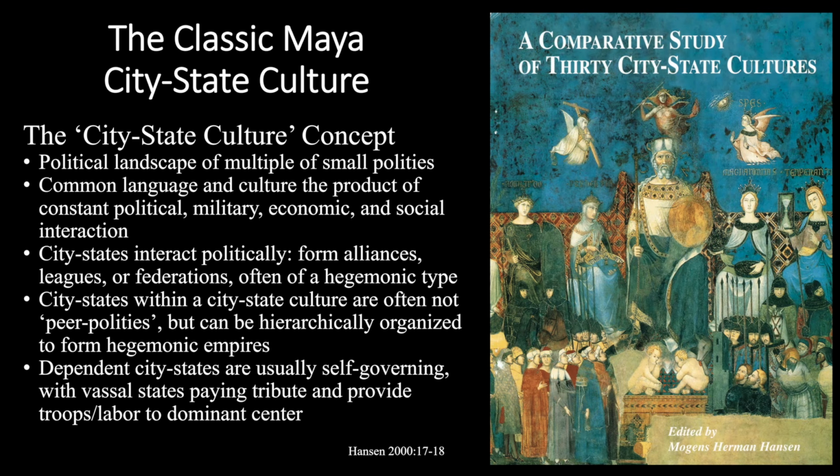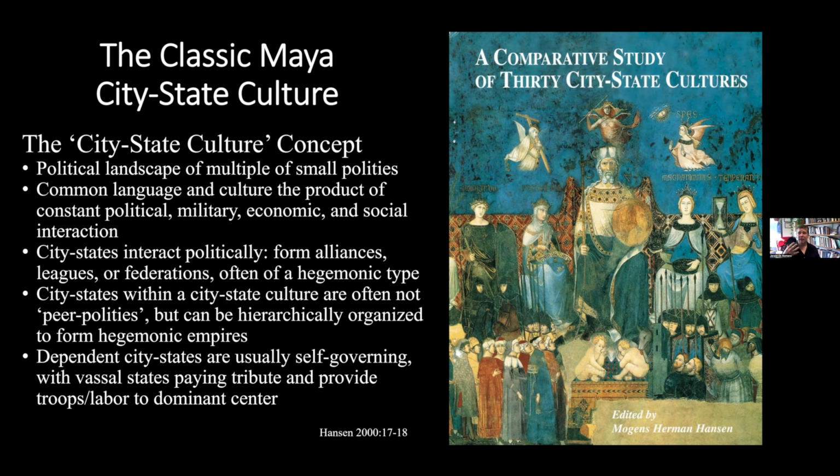So when we talk about what Maya means, it's the result of lots of different independent kingdoms constantly interacting with one another, trading with one another, exchanging ideas with one another, speaking the same languages, having the same fundamental ideas about how the cosmos works, a shared pantheon of gods, and a basic understanding of these deep structures, but being broken up into multiple different kingdoms. And this is why we don't really have a glyph for Maya.